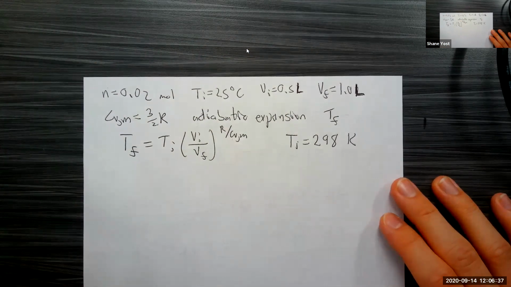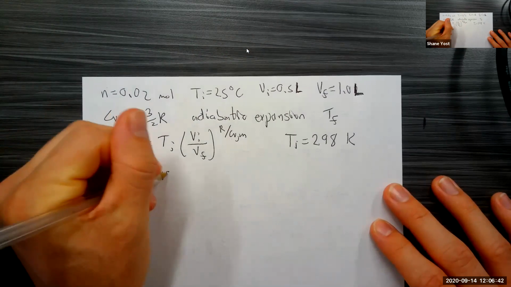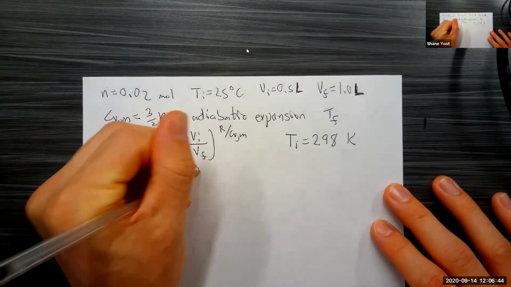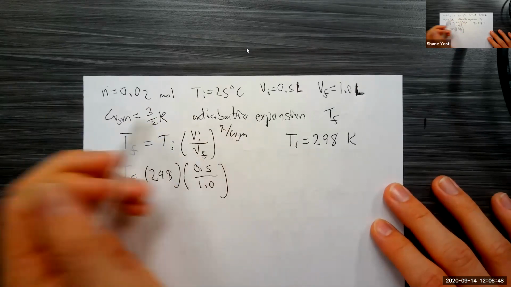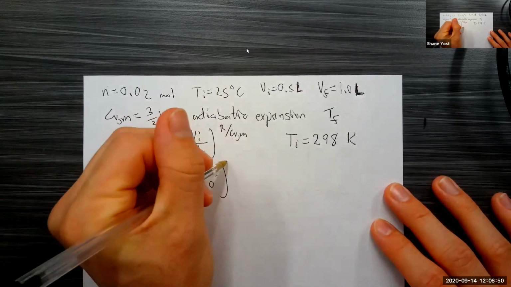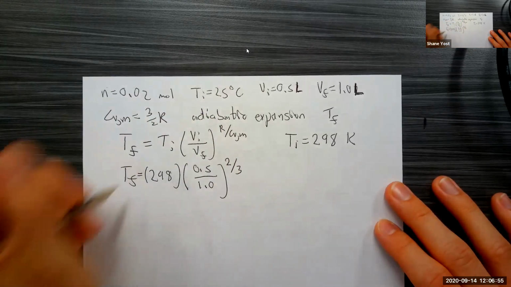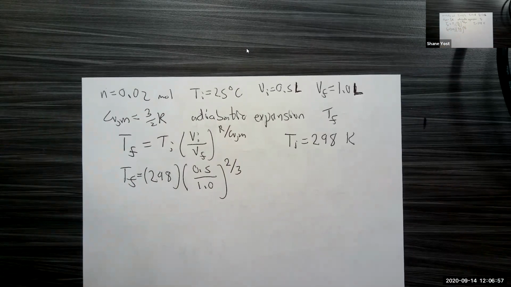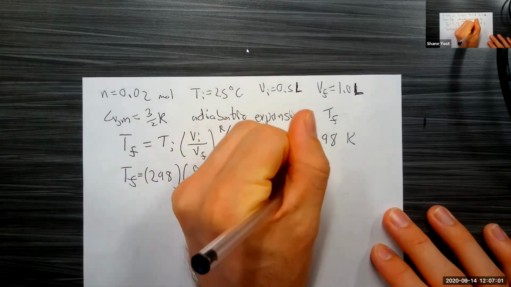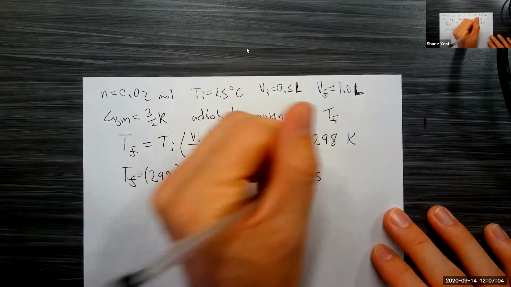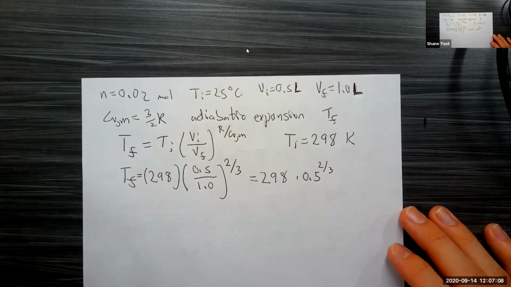And so the final temperature is equal to 298 times 0.5 divided by 1.0, and then C_V,m is 3/2 R, so this is just to the 2/3 power. That gives us our final temperature, which is 298 times 0.5 to the 2/3 power.